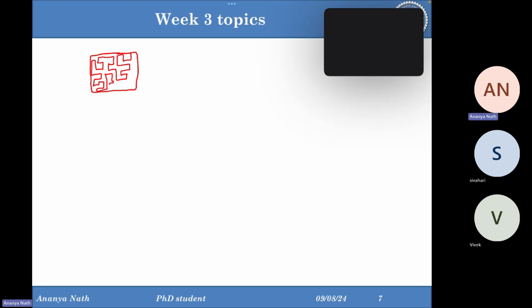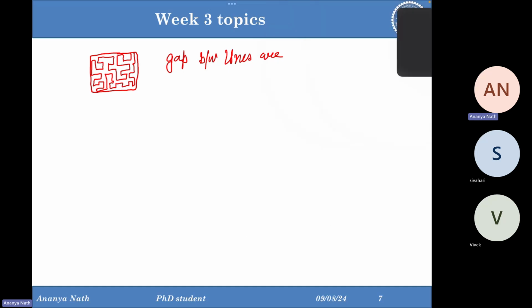It's not exactly like this, but okay, so here the gap between lines are fixed.